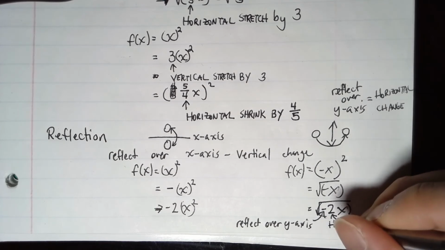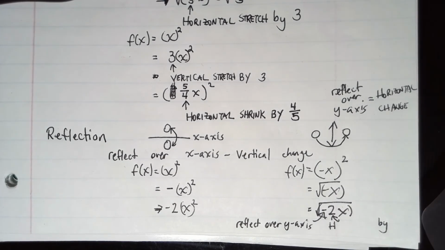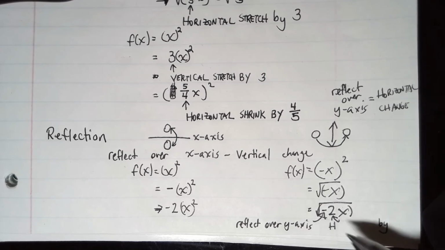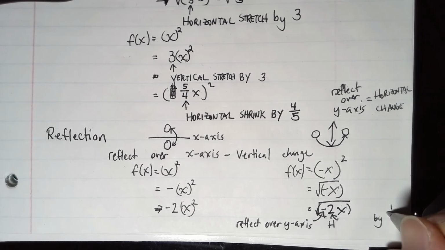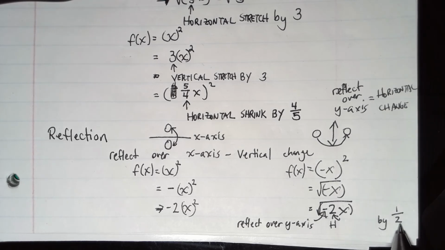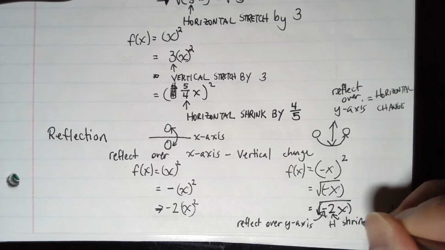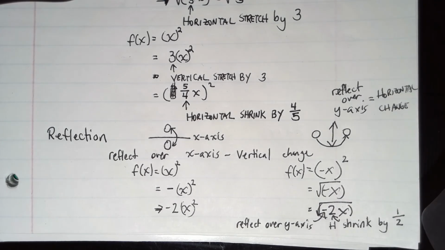So horizontal. Now, by how much? Remember, if you're inside the parentheses, you flip it, because it's the opposite of multiplying by 2. It's multiplying by half, and that's less than 1, between 0 and 1, so we know that is a shrink. So there are actually two transformations going on here. And that's it for today.